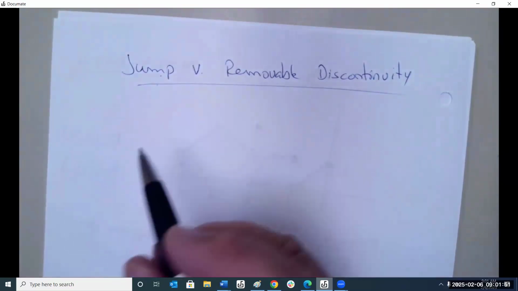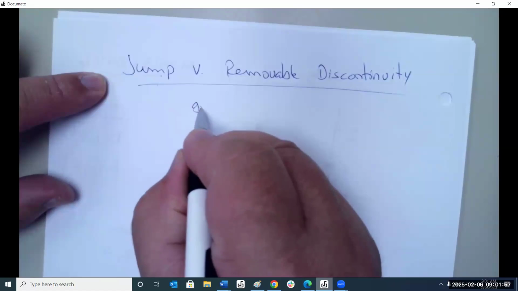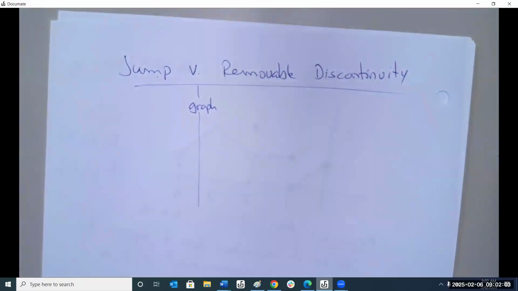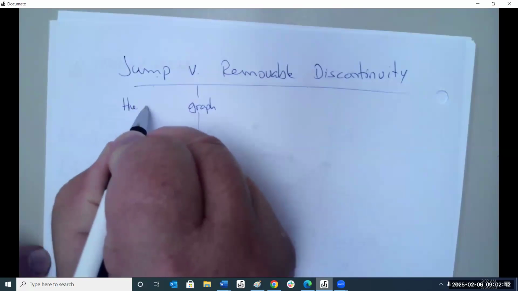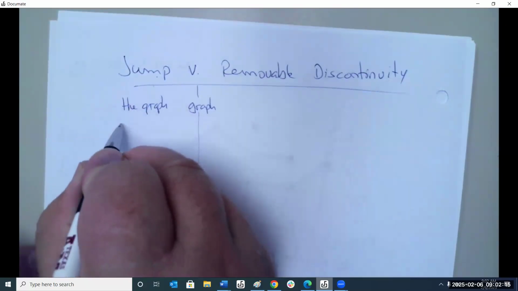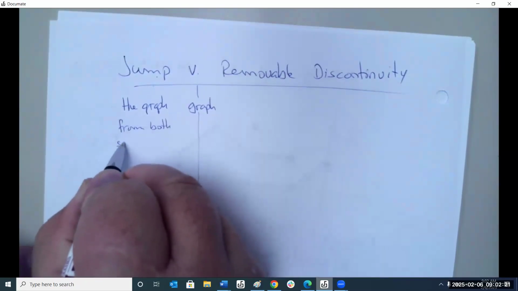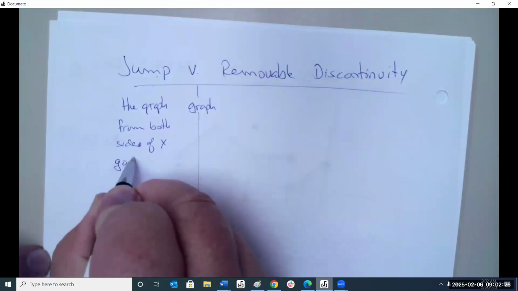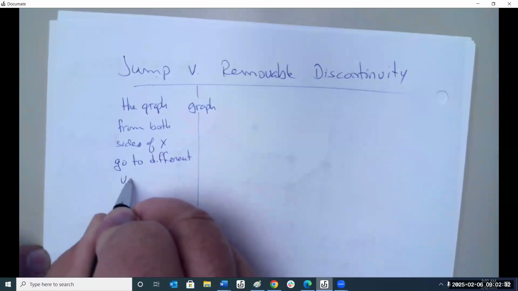Okay, if we had the graph, what's the difference between these two graphs? So what does a jump discontinuity look like? What it looks like here is the graph from both sides of x goes to different values.